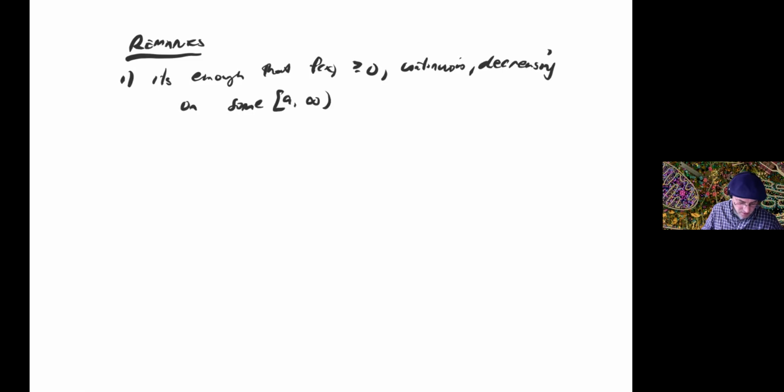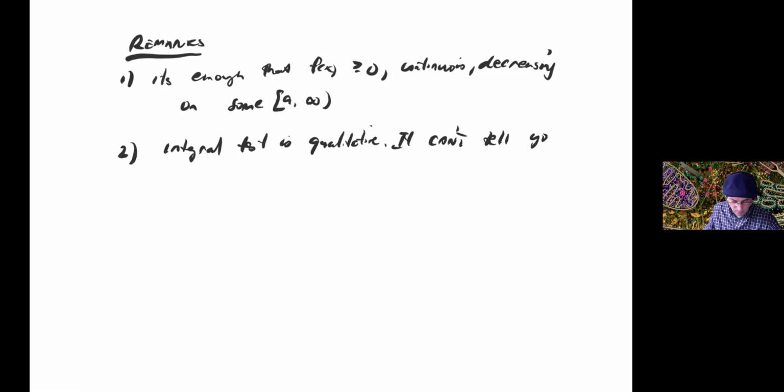That's enough. You don't need it from 1 to infinity. You could have it on the interval from 25 to infinity, and that's enough. The second statement is that the integral test is qualitative. It cannot tell you what the series converges to, if it converges.